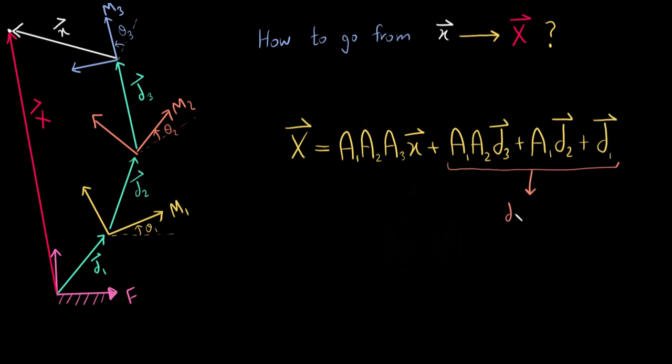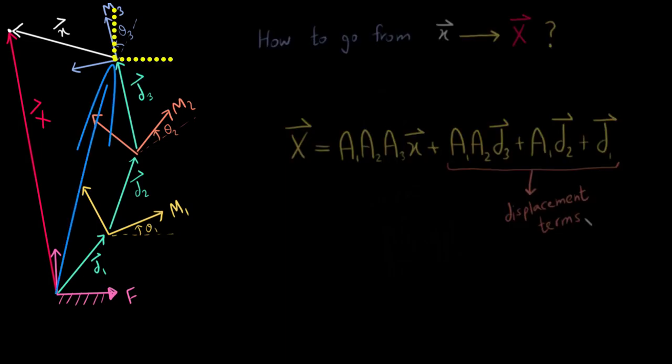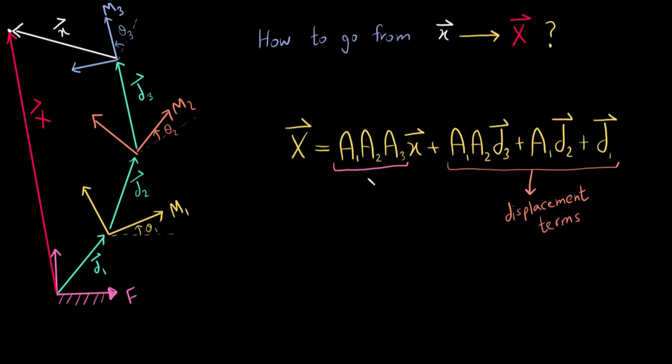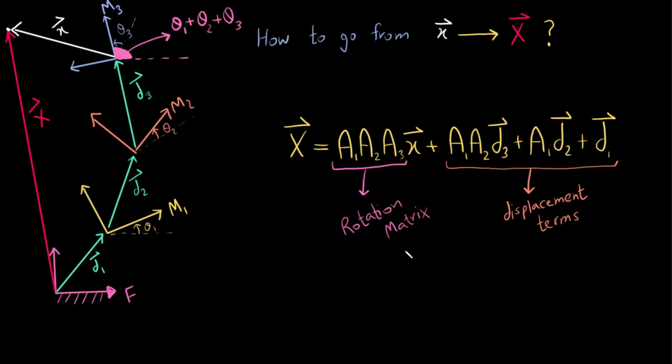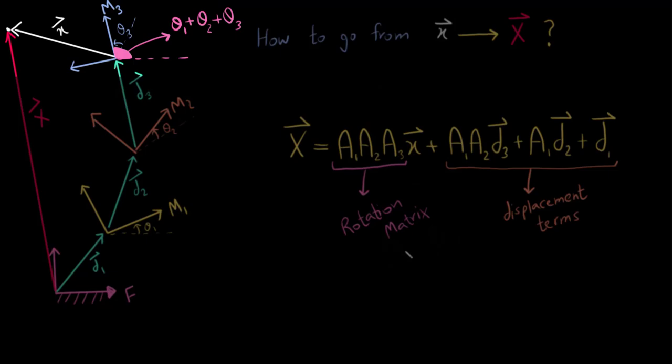Here the last three terms are the displacement terms, which just tell you how much the fixed frame needs to be displaced in order to reach the M3 frame without changing its orientation. And A1, A2, A3 combined is the rotation matrix, which tells you how much the fixed frame needs to be rotated in order to reach the M3 frame.